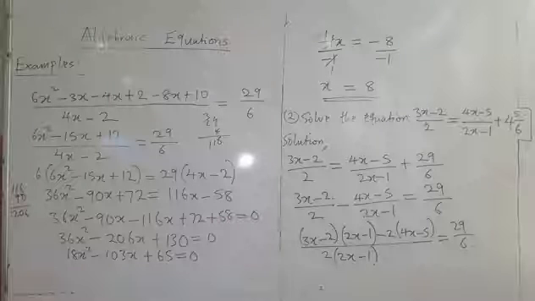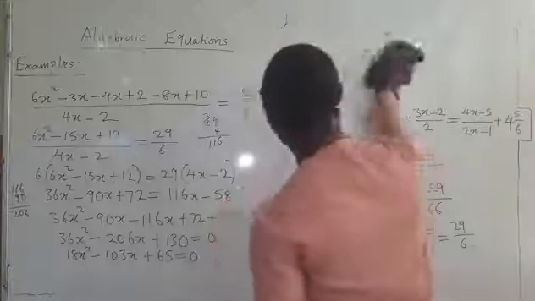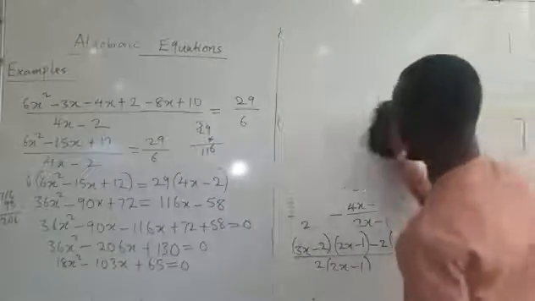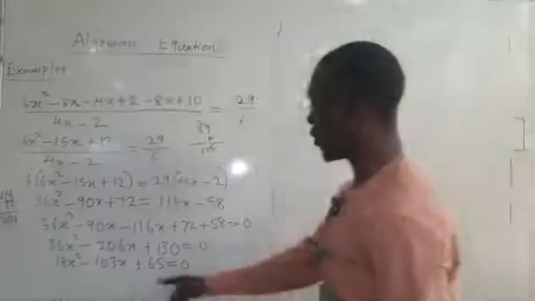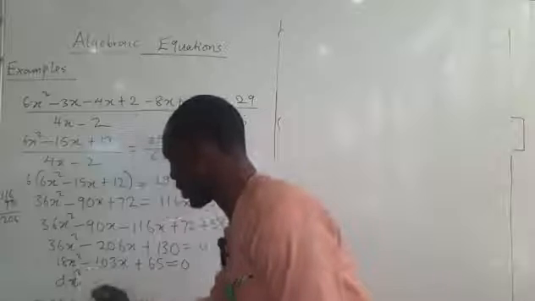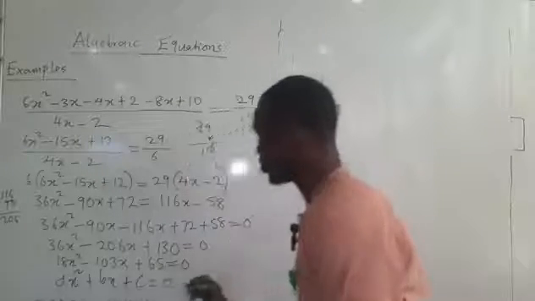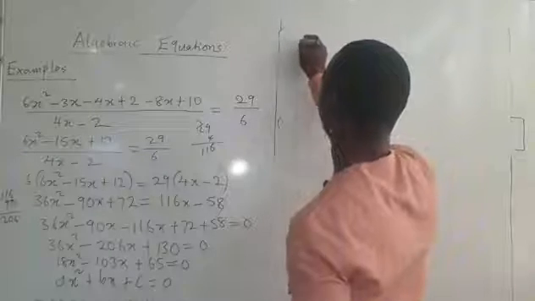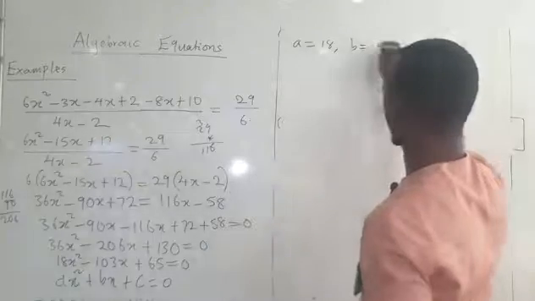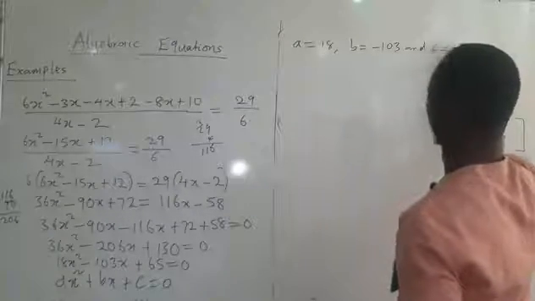So let's try the formula method to solve the quadratic equation. If you compare this equation with the general form of a quadratic equation, that is ax squared plus bx plus c equals 0, it means our a is 18, b is minus 103, and c is 65.